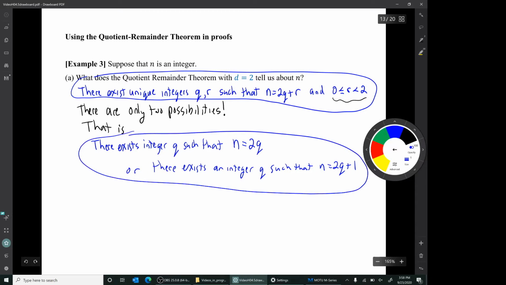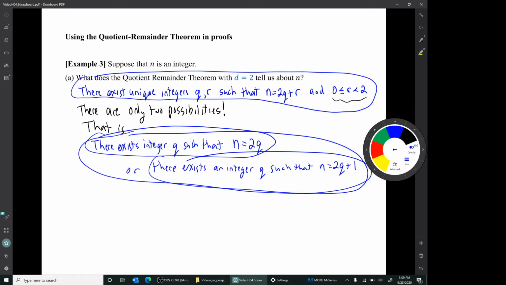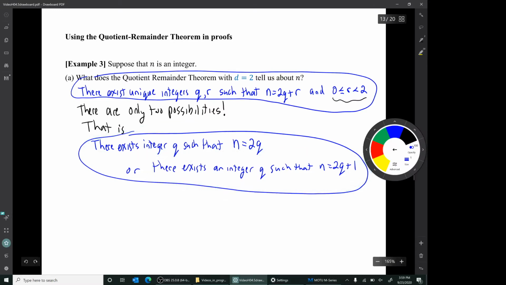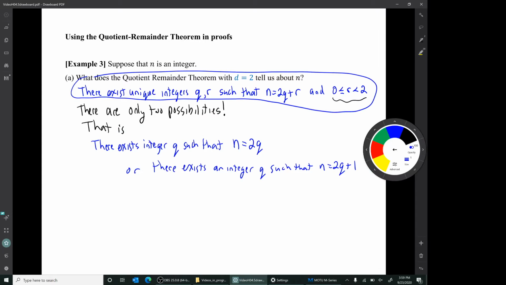There are only 2 possibilities for what r could be. r is going to have to either be 0 or 1. So here's the situation if r was the number 0, and here's the situation if r was the number 1. The quotient remainder theorem says that one of those things is true. Exactly one of them. That's question A.